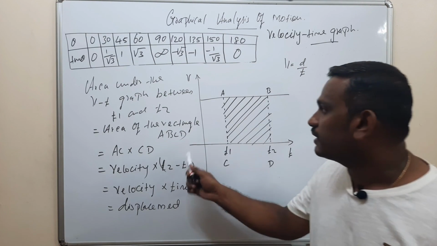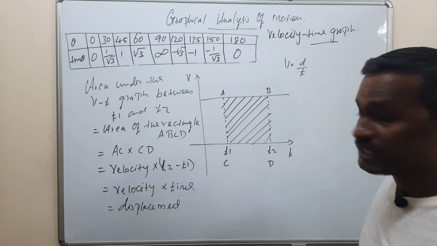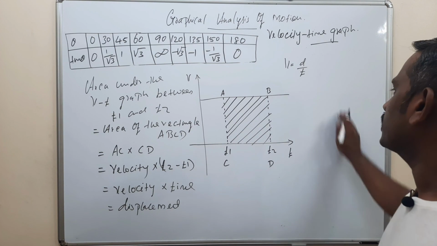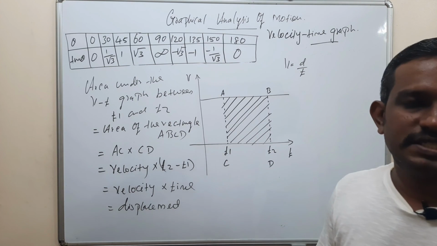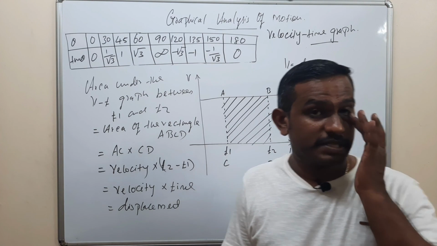So the area under the velocity time graph gives the displacement. Very, very important. Area under the velocity time graph gives the displacement.